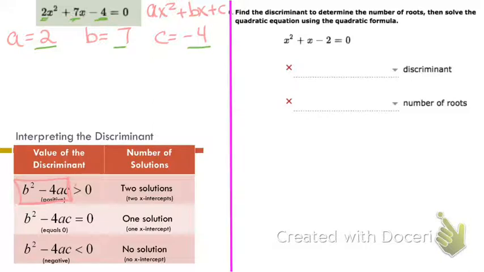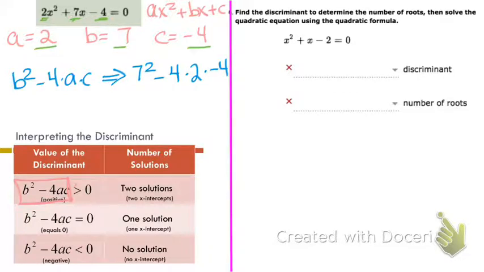Once you know what a, b, and c are, you substitute them into this formula, b squared minus 4 times a times c. So b squared, b is 7, so it's 7 squared, minus 4 times a, which is 2, times c, which is negative 4.